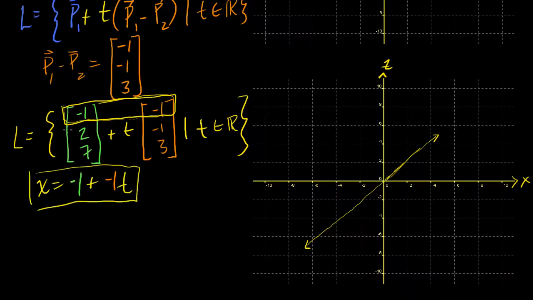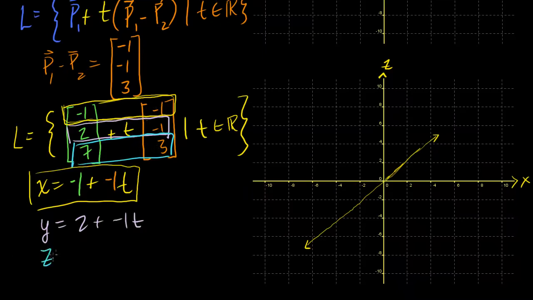Now, our y-coordinate is going to be determined by this part of our vector addition, because these are the y-coordinates. So y is equal to 2 plus minus 1 times t, minus 1 times t. And then finally, our z-coordinate is determined by that there. The t shows up because it's t times 3. So the z-coordinate is equal to 7 plus t times 3, or I could say plus 3t.